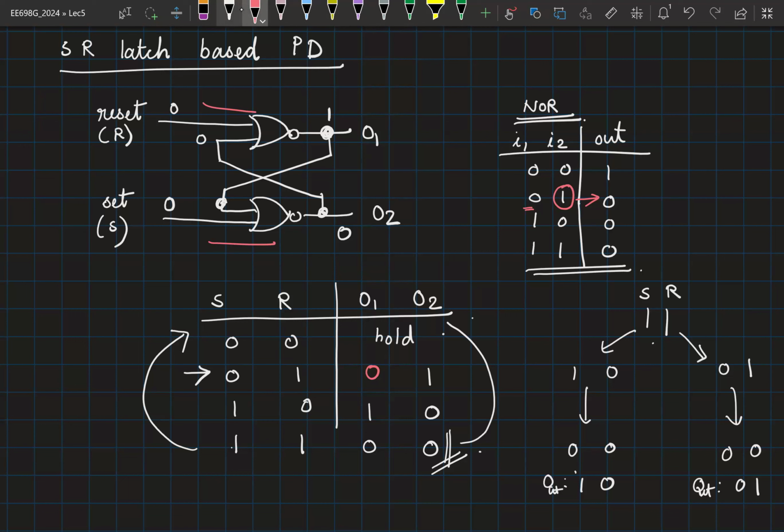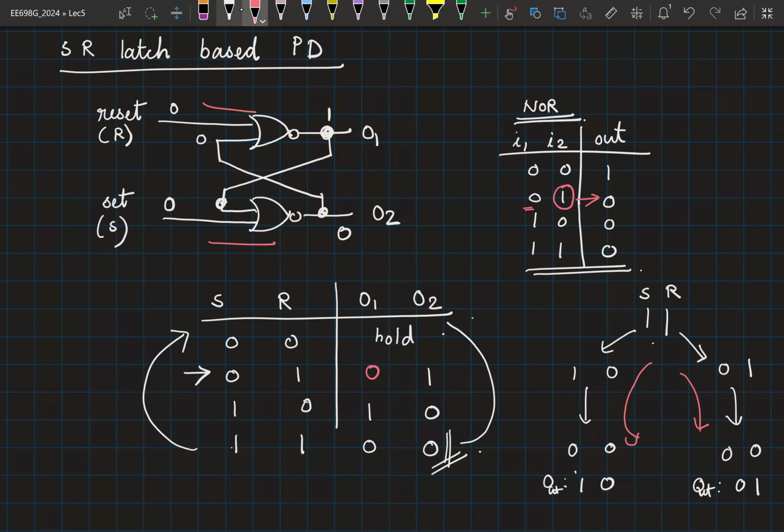So the output that you will get will depend on the noise in the system, which is something you want to avoid if you're working with memories. So you try and avoid this state altogether. That's all. But other than that, this is fine. You don't have any other issues.